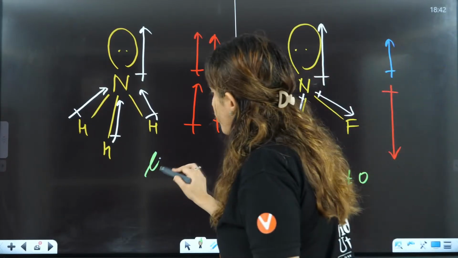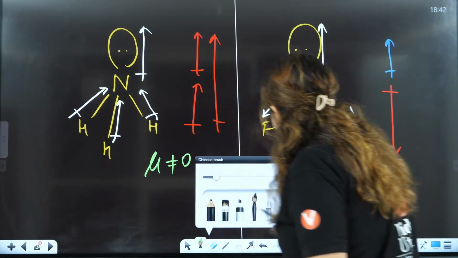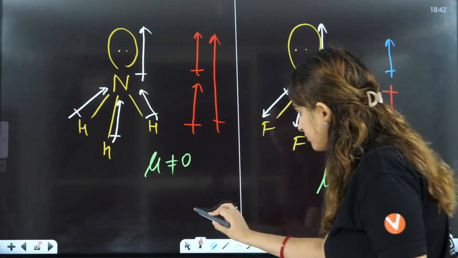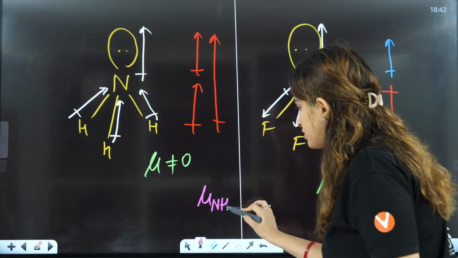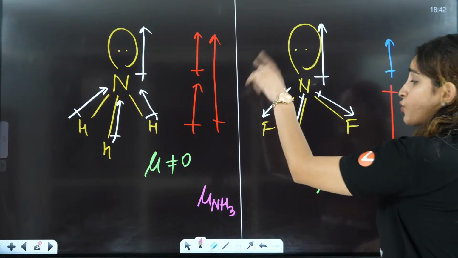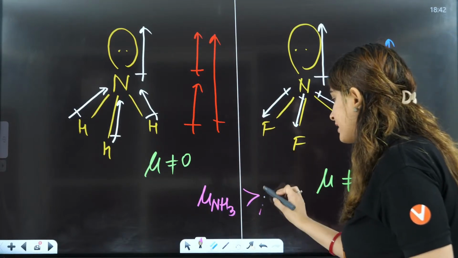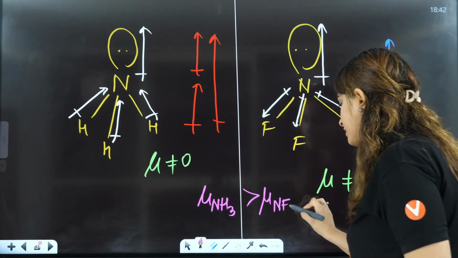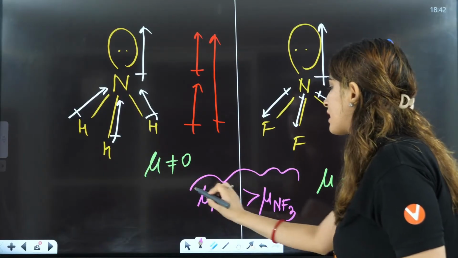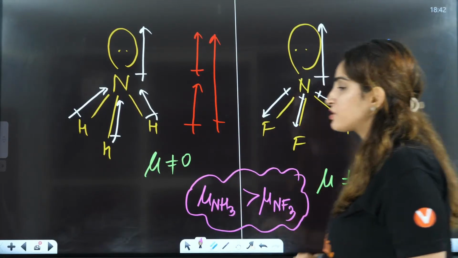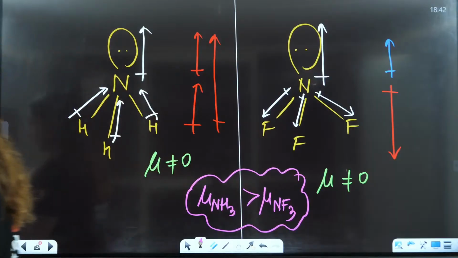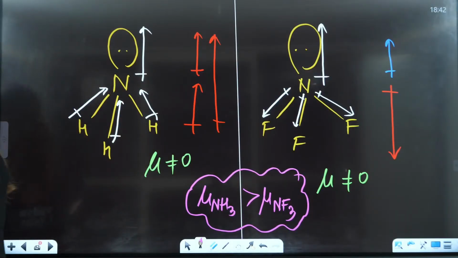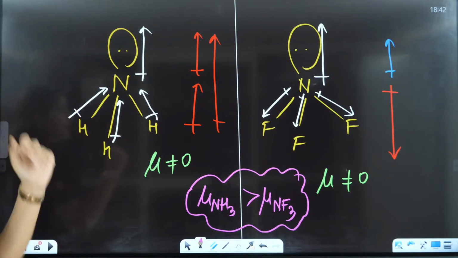This mu is also not equal to 0. But one thing that we are sure of, that mu of NH3, because there is no cancellation, is greater than mu of NF3. Dipole of NH3 is greater than dipole of NF3. Right? Okay, yes.